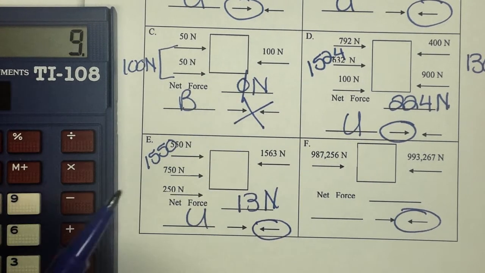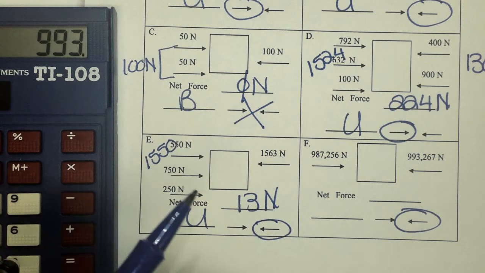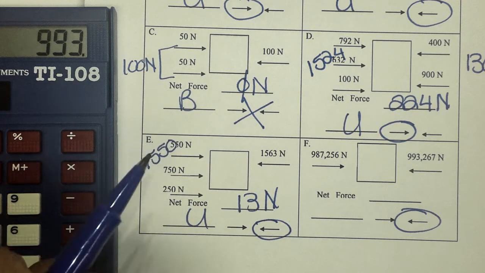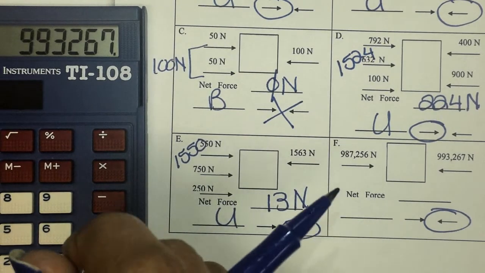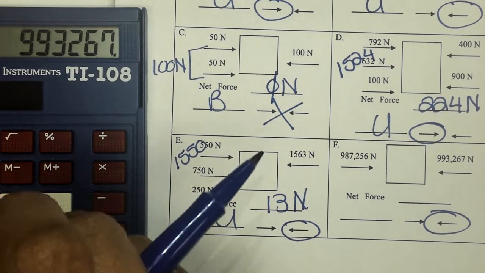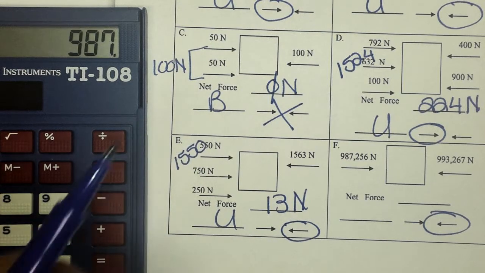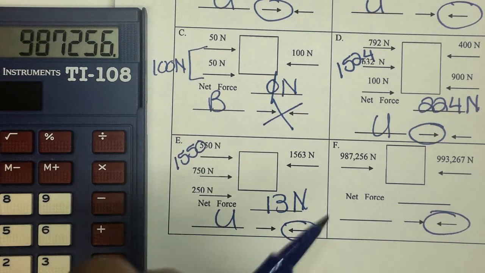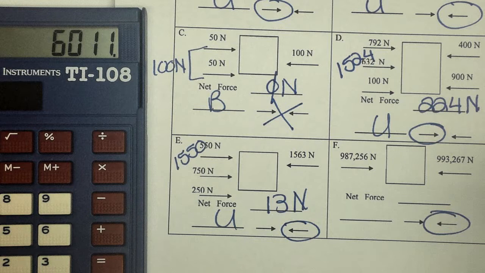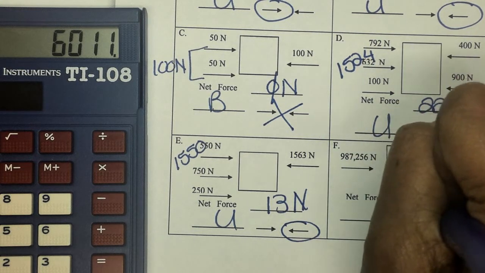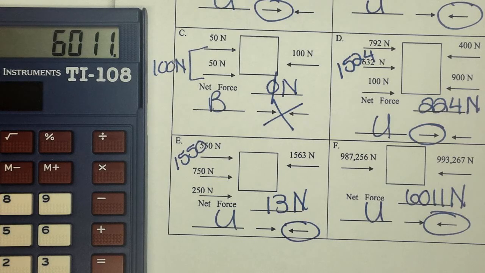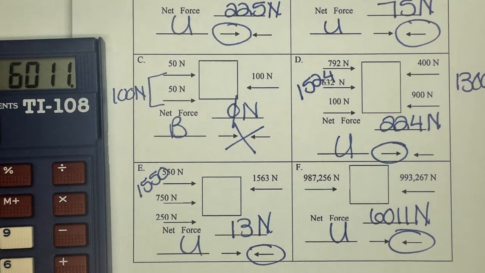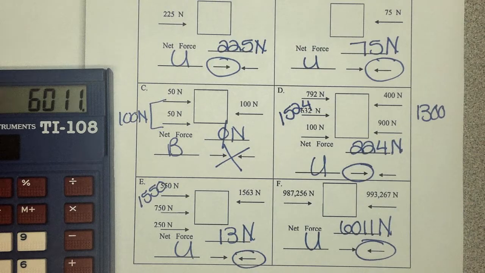So 993,267 minus 987,256, 6,011 newtons, and it is unbalanced. Okay? So I know we did this, but I just wanted to refresh your memory on it.